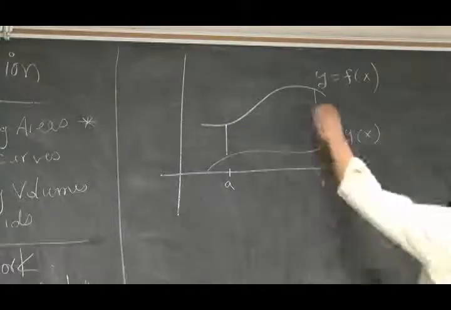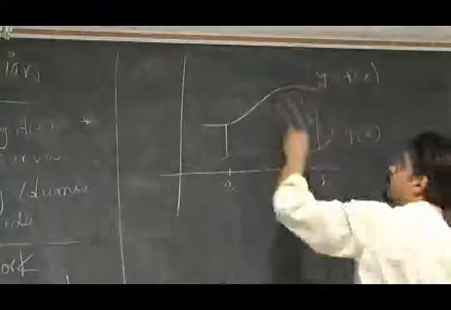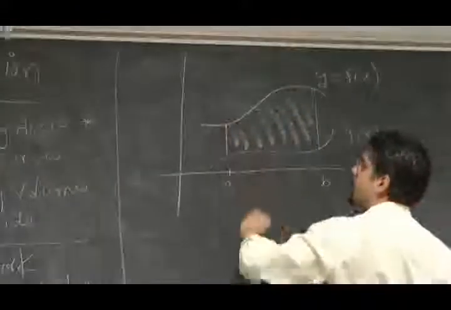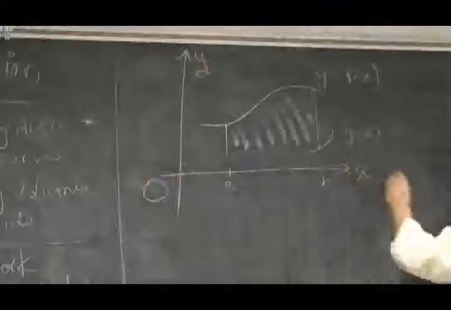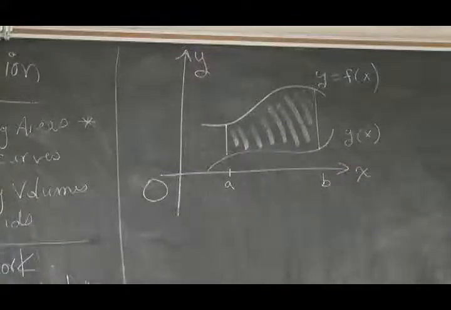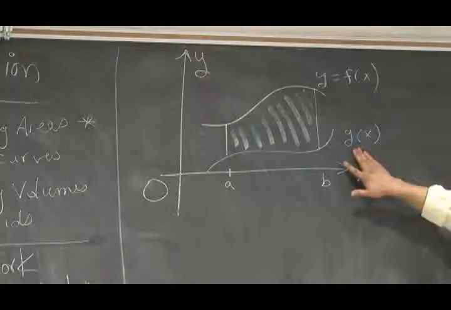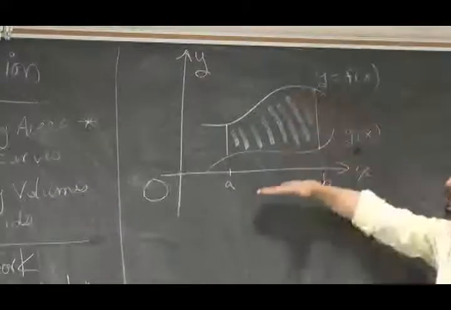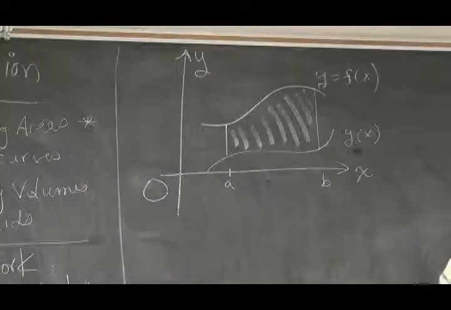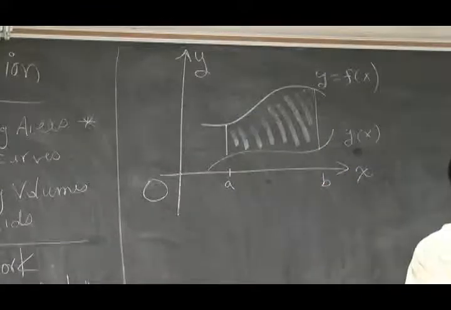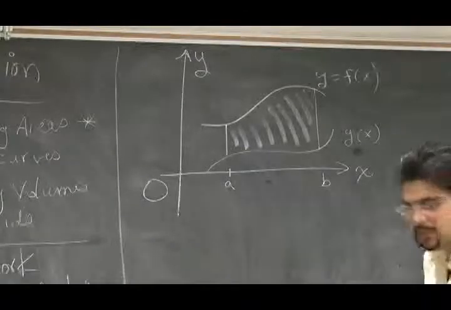We'd like to find this area over here. Okay? We did this where the lower function was 0, but we just found the area under a curve and the x-axis. Okay? And the idea was that that's how we came up with integration. That was the whole point. Right? So we'd like to do something similar now.